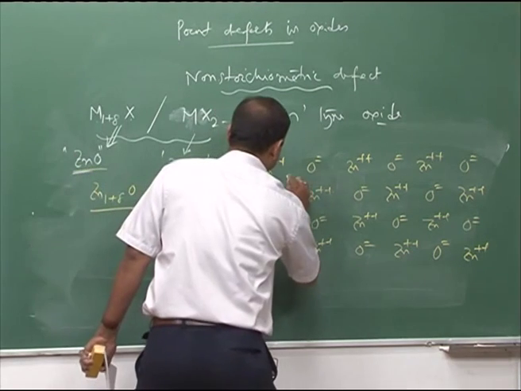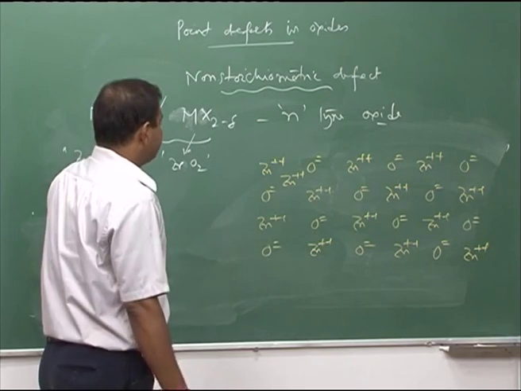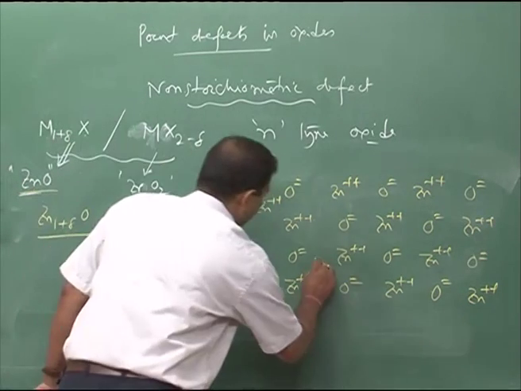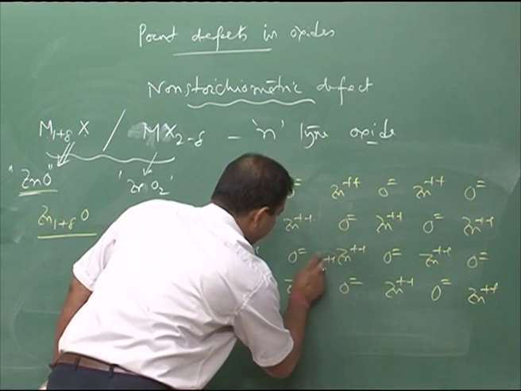Let us say there are 2 excess cations and those will be in the interstitial position. So, here is 1 and here is 1. These are the 2 excess cations.